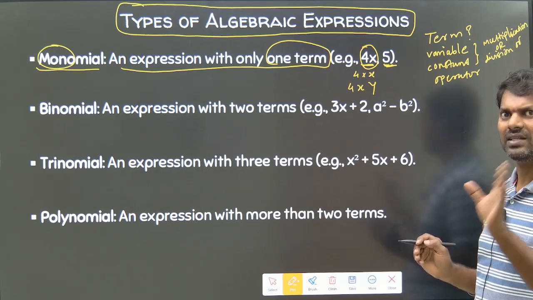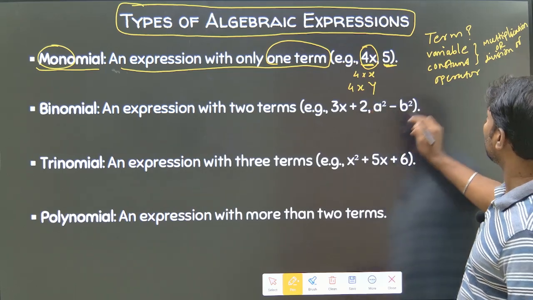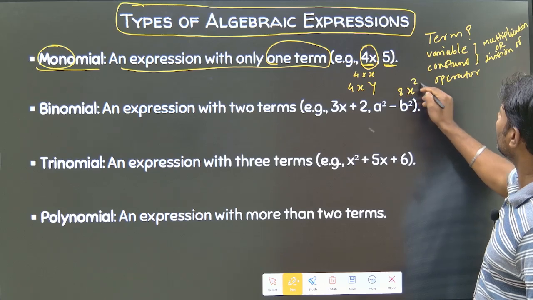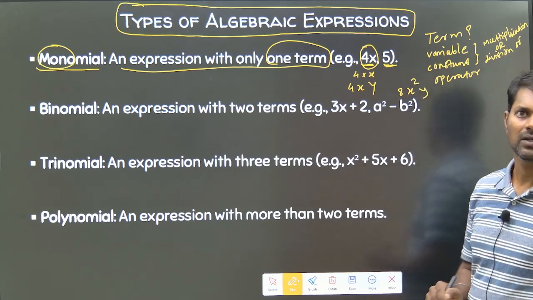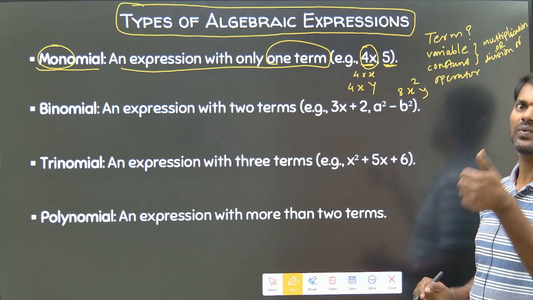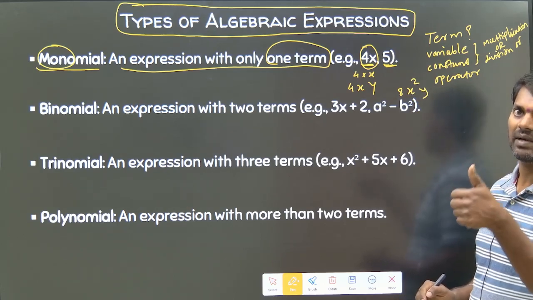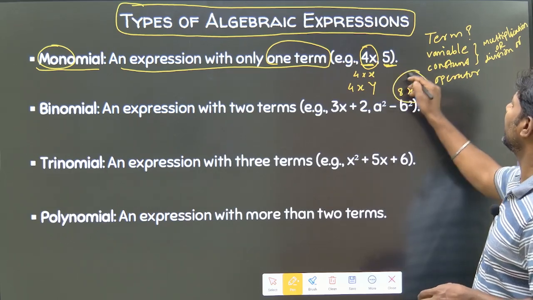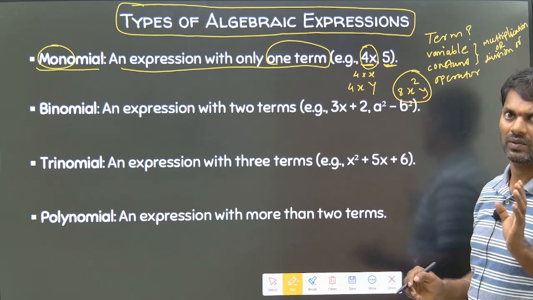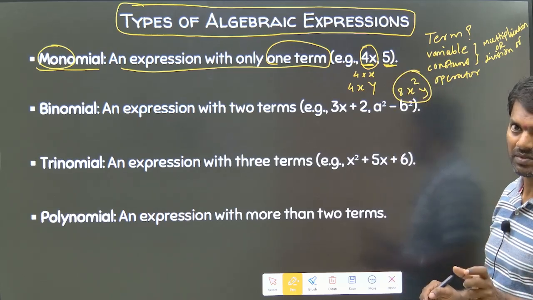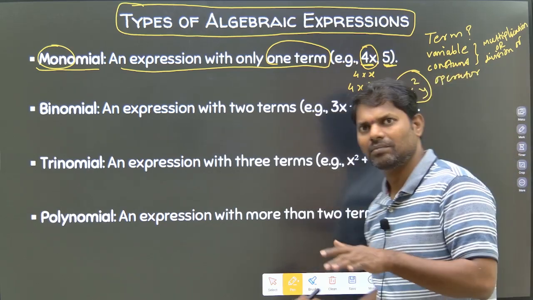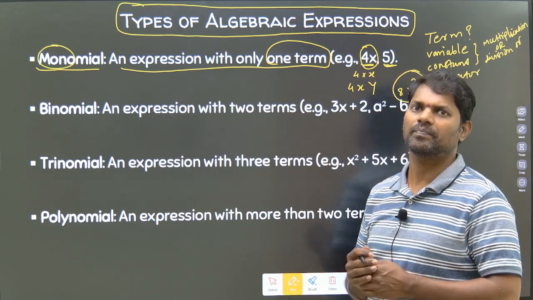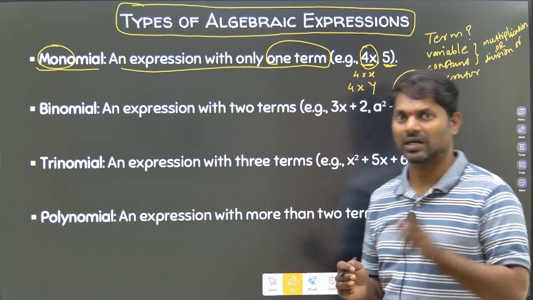That is also called a term. It may be like this, 8x square y. So 8 is a constant, x square is one variable term, y is another variable. So 8x square y is a term. Remember terms. Based on term, we are going to discuss types of algebraic expression. So term is important here.